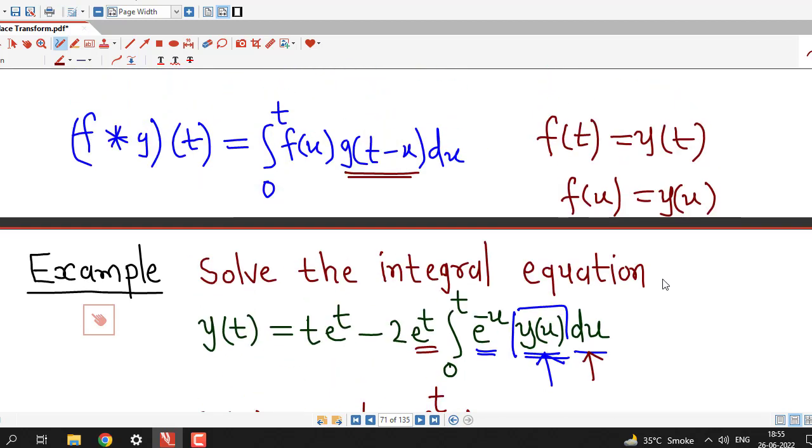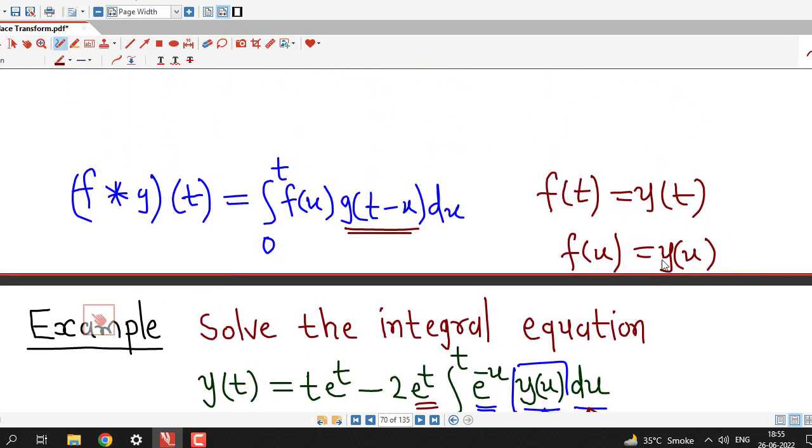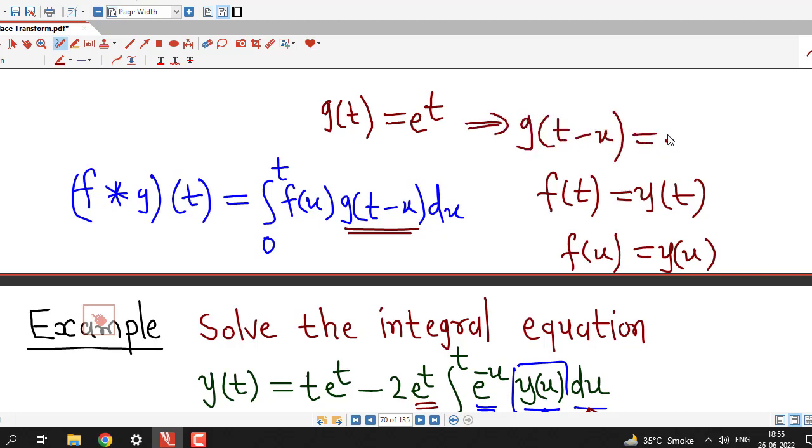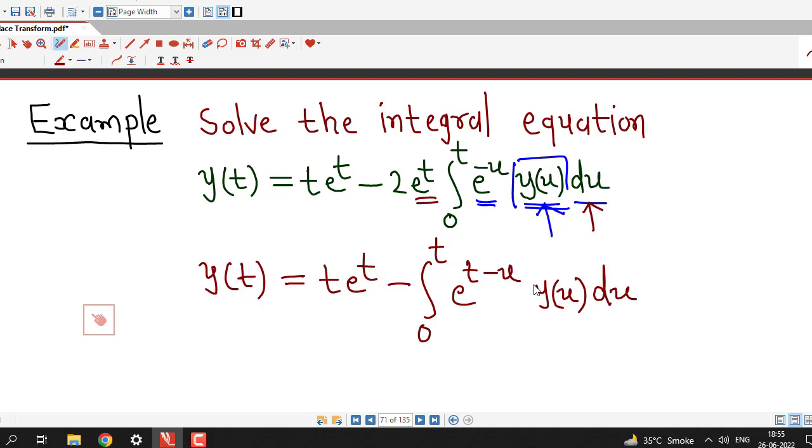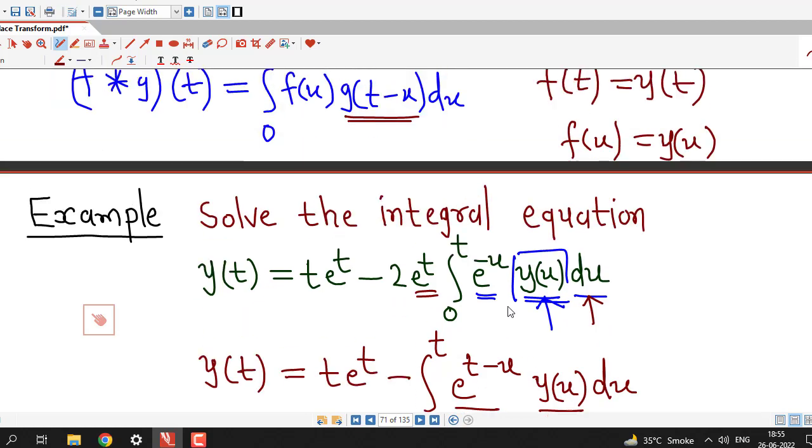Now if we take f of u equal to y of u, or f of t equal to y of t, and g of t equal to e raised to t, then g of t minus u will be equal to e raised to t minus u. So you can see this is nothing but the convolution of function y and function e raised to t.